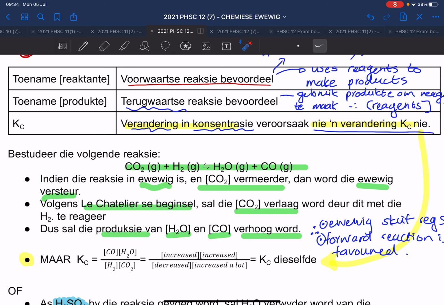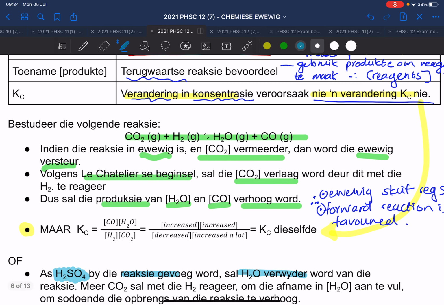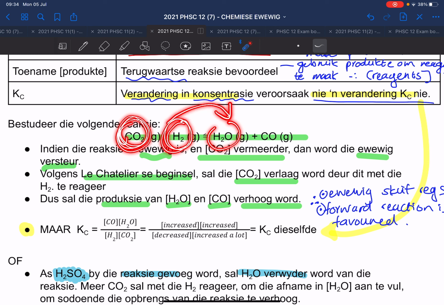Okay. Goed, so dit sê hieronder, if we add sulfuric acid to the reaction, sit hom by die reaksie, dan verwyder hy water. Dus maak water minder. Hy sê nee, ek wil water weer terug hê. How do we get water back in the thing? Hy moet laat koolstofdioksied en waterstofgas met mekaar reageer om meer water te maak. So hierdie twee reageer met mekaar om meer water te maak.